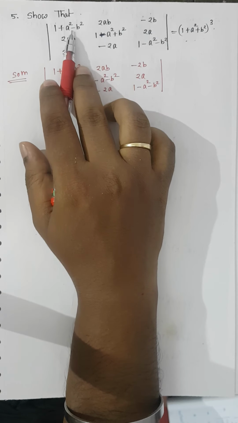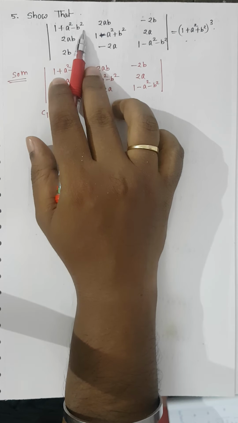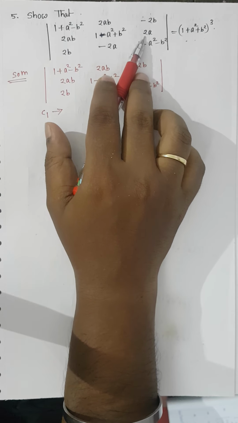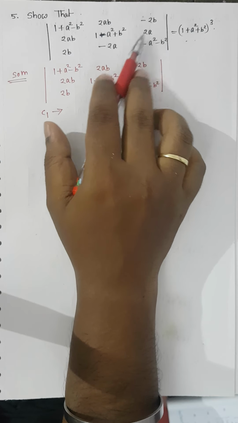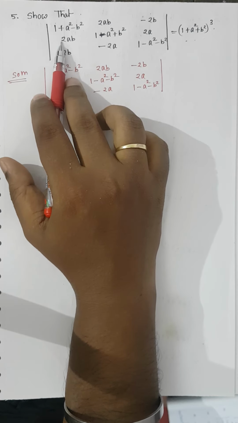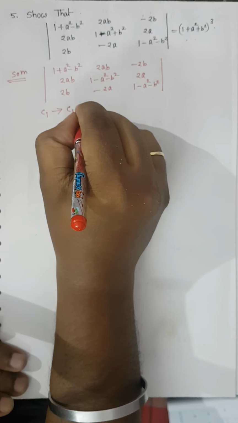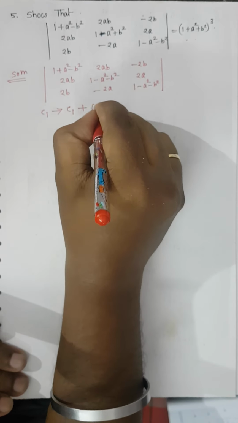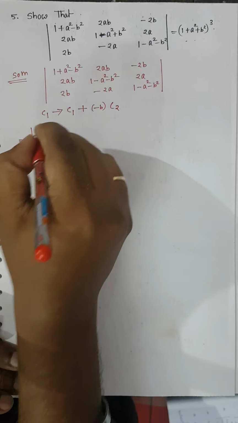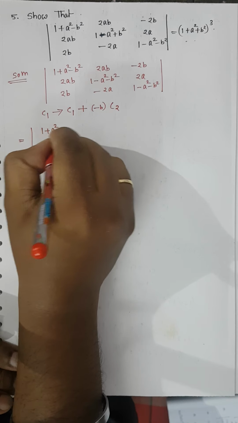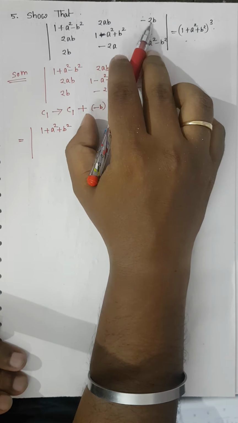If I add them, I will have 1 plus a square minus b square plus 2b square. And see here, if I multiply by minus b, it is minus 2ab, and plus 2ab, it is 0. So column 1 changes to column 1 plus minus b into column 3. It becomes 1 plus a square plus b square, because it is minus b into minus 2b, it is 2b square.